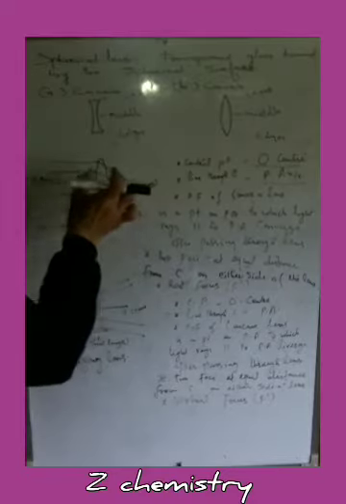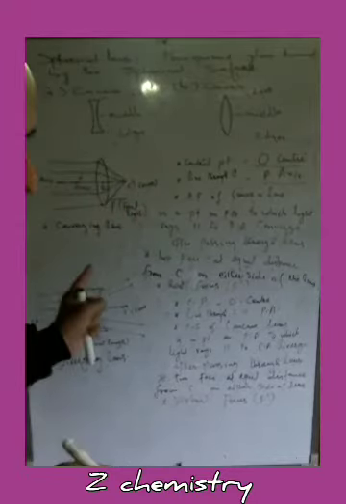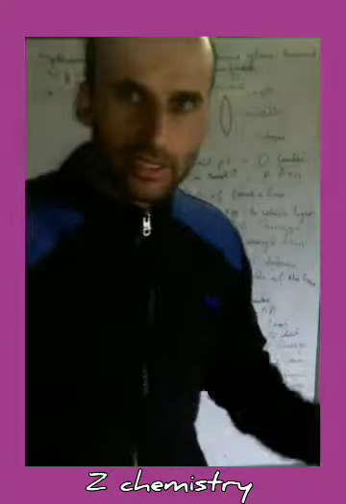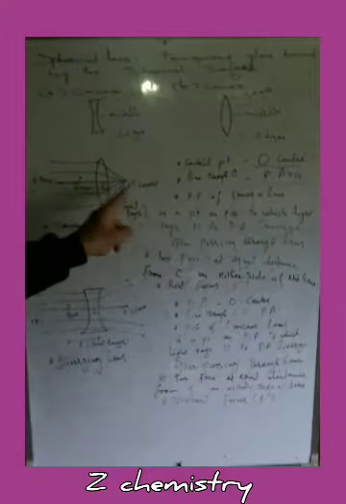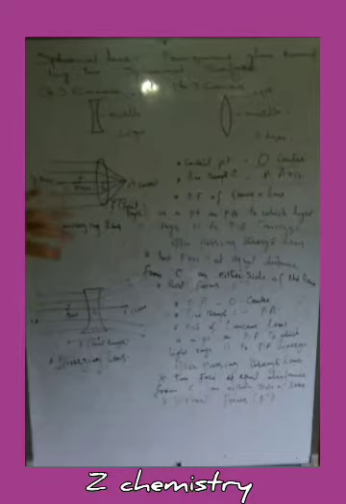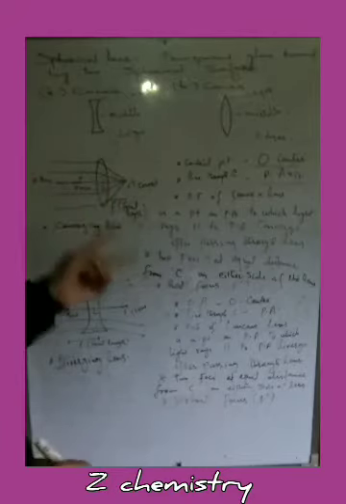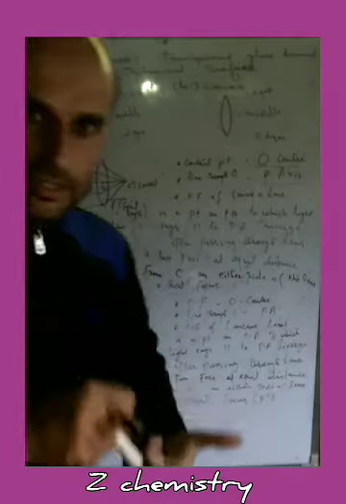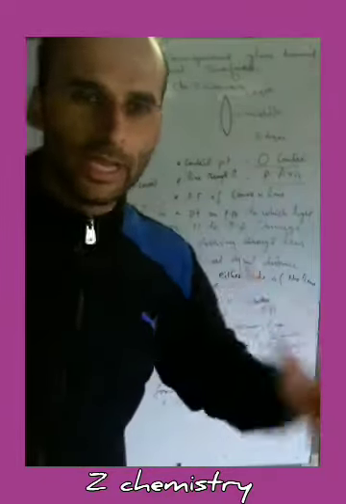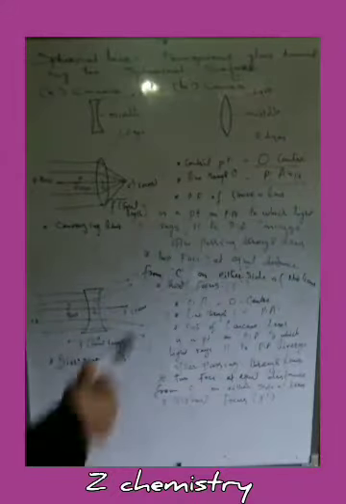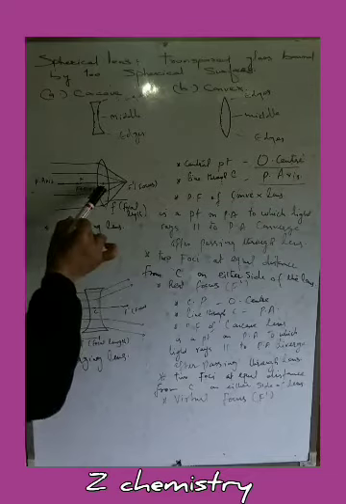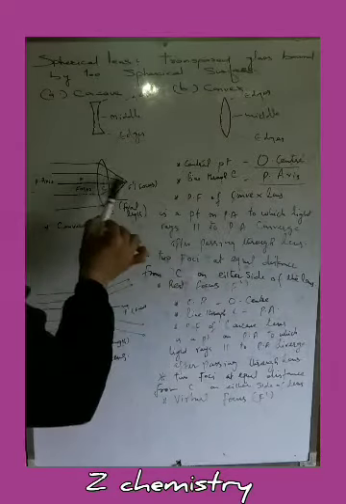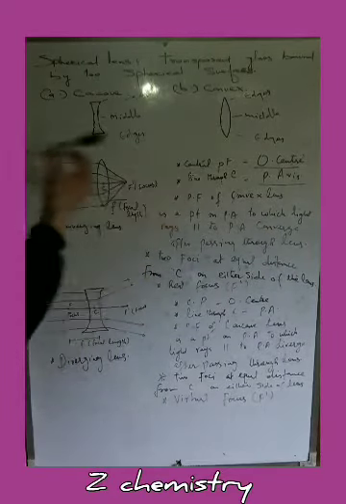These two foci are at the same distance from the optical center, and they are present on either side of it. One of the foci is where the parallel beam of light converges after going through the lens. On either side: this is the right side of the lens, this is the left side of the lens.